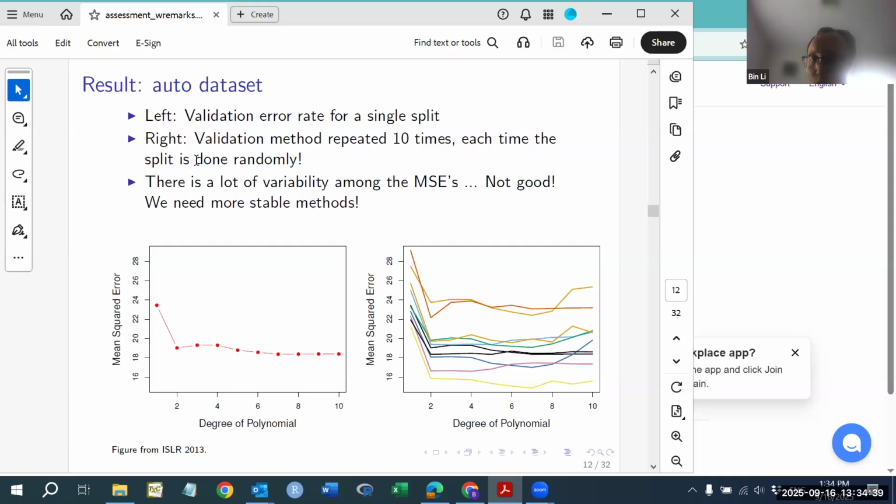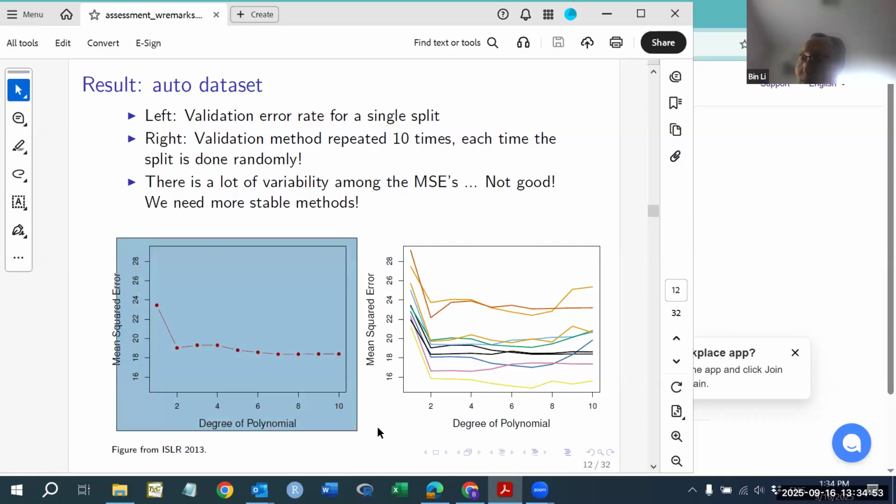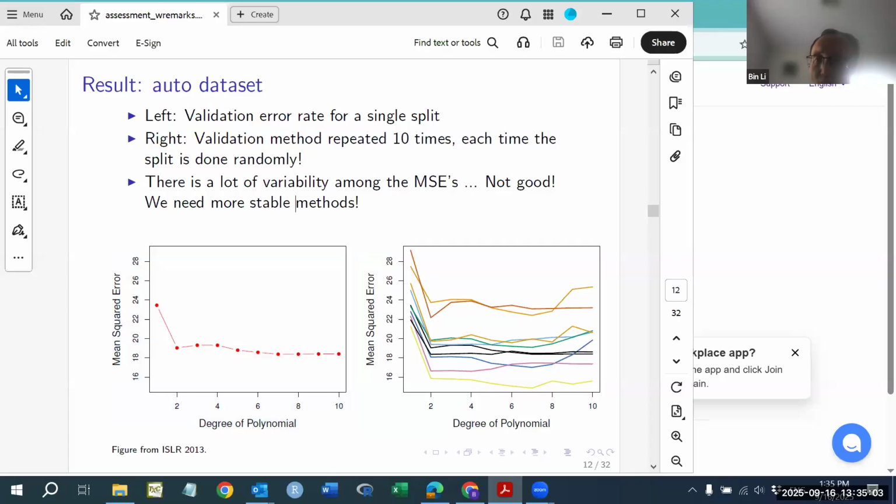We fit the model on the training set, 50 as training, 50 as validation, then evaluate performance on the validation set. So that's the result. But the question is, there are many possible splits of the data. Why do we just use that split? This is just one possible split of the data.